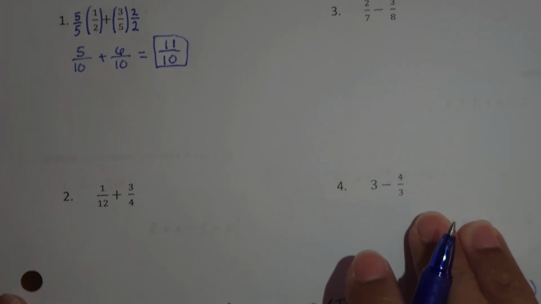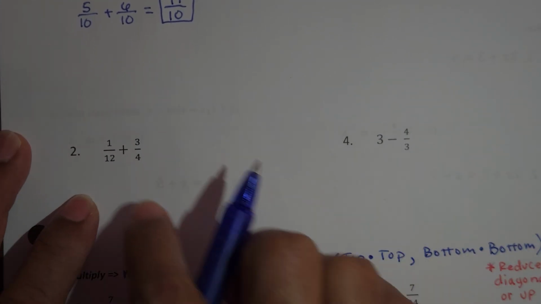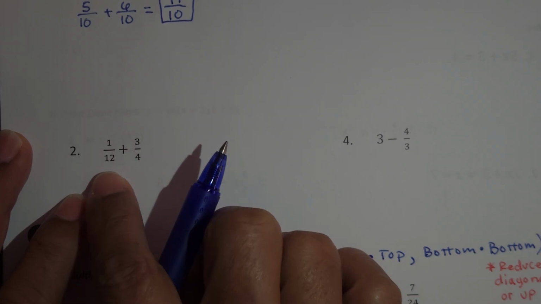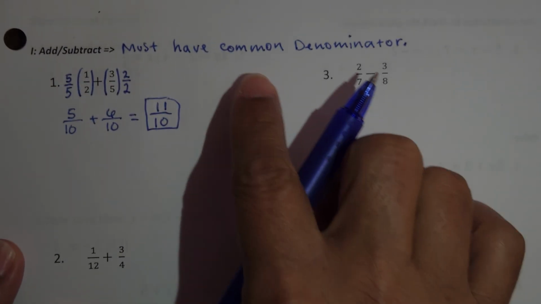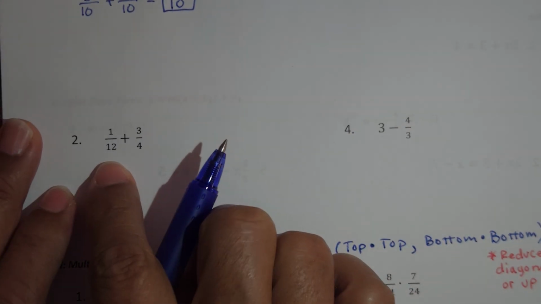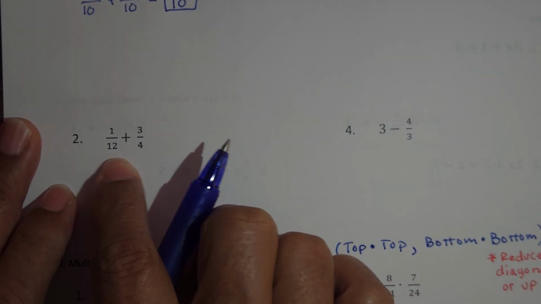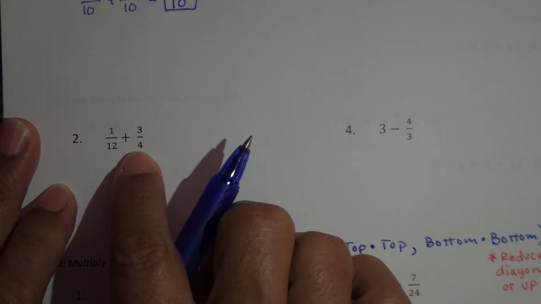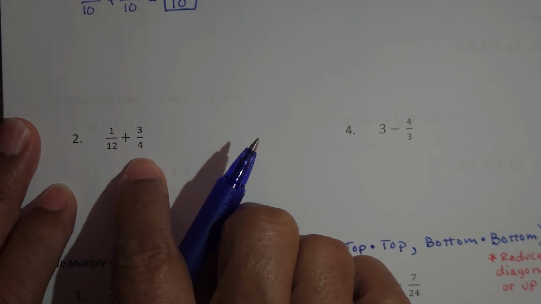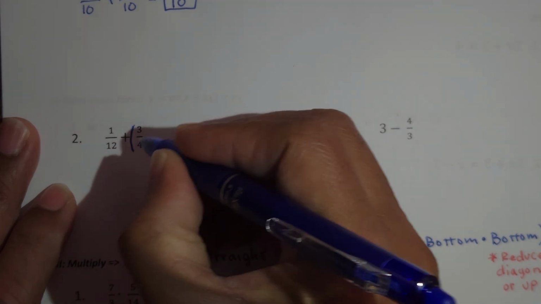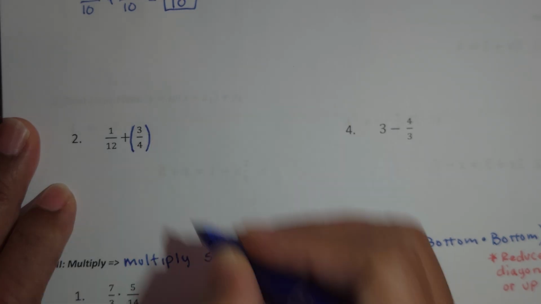All right, so let's proceed to number 2. Example number 2, I have 1 over 12 plus 3 over 4. Well, this is 12 and this is 4, which means we do not have a common denominator, so we need to find that first. So I have a 12 already, and I also notice that 4 goes into 12 evenly, right? Since that's the case, then I need to turn this into a 12. So I'm going to use the number 1 to help me have a 12 in the denominator.